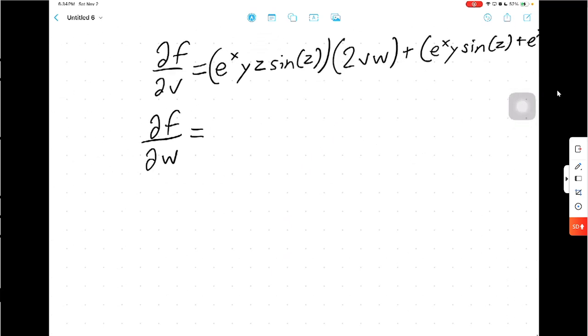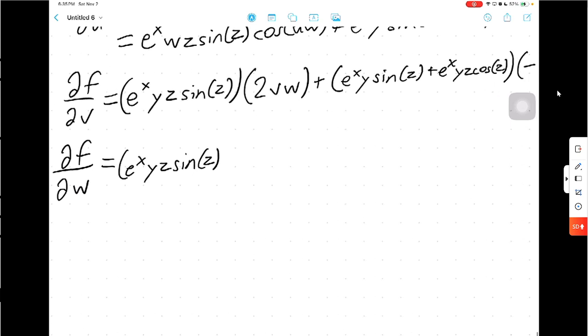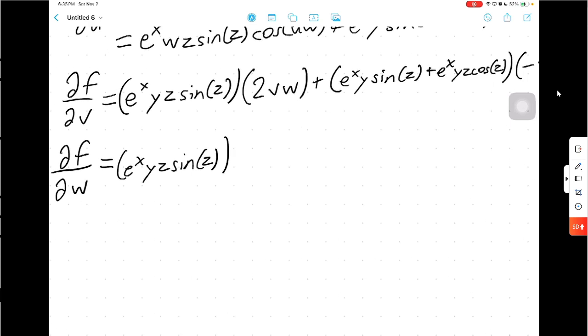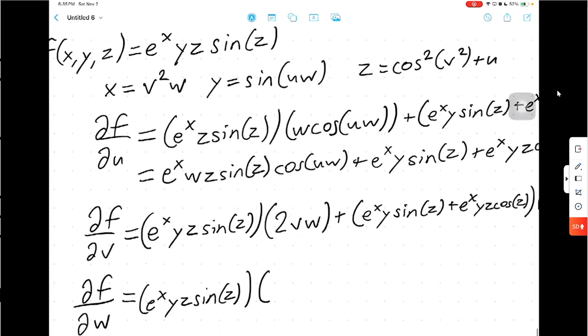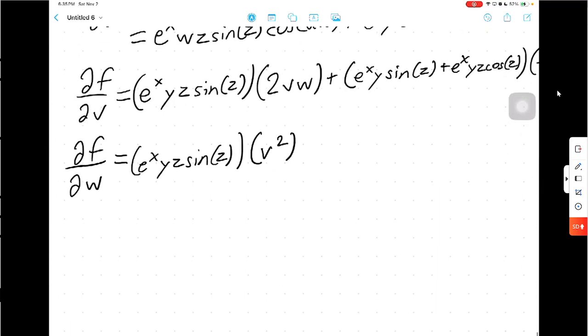This time z is not going to give us anything, so we get e to the xyz sine z times partial of x with respect to w, which is v squared.